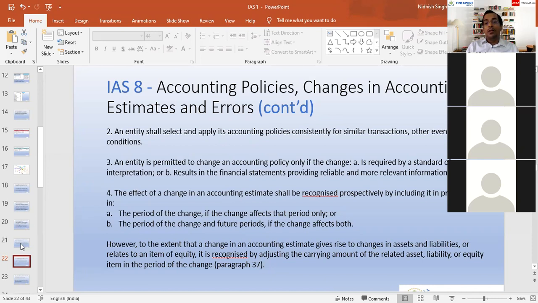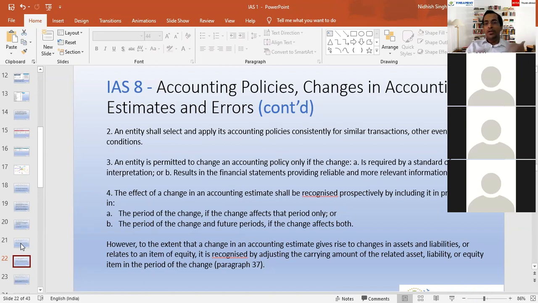Why? Because this is being highlighted in the statement of changes in net equity, which is one of the primary statements. If we are reflecting that on the face of the primary statement, we also need to explain that in the disclosure notes. It will give the message to the management that you cannot change such estimates frequently. It is not like any other expense.